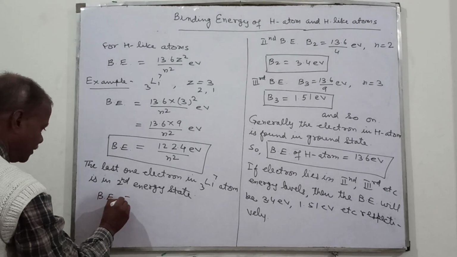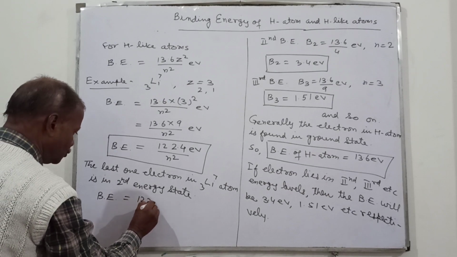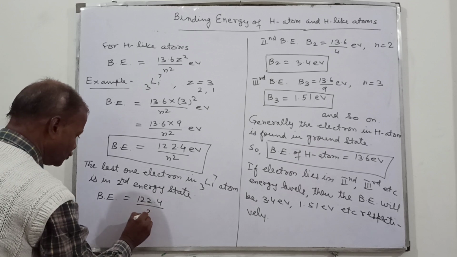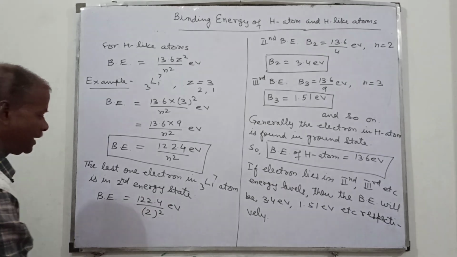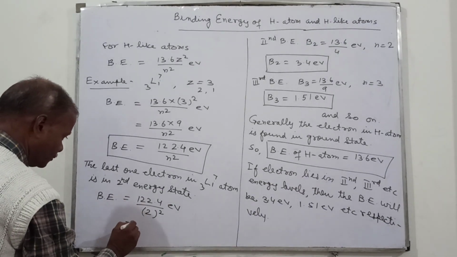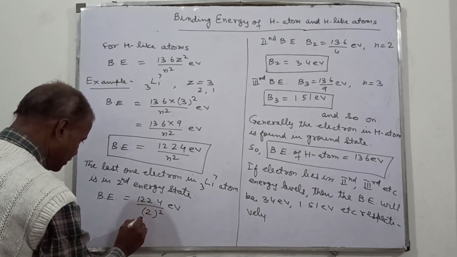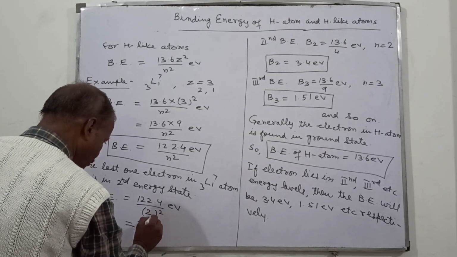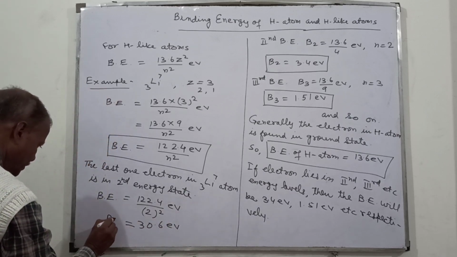So what will the binding energy be? It is 122.4 upon 2 square electron volt, that is 122.4 upon 4, which comes out to be 30.6 electron volt. This is the binding energy.